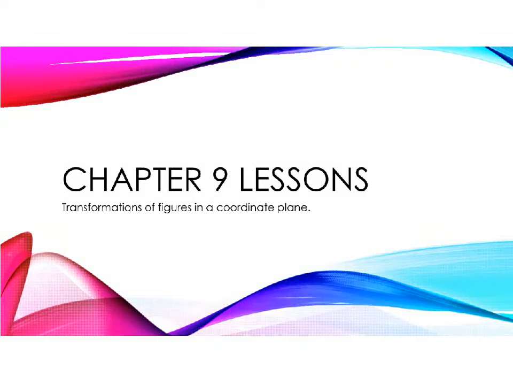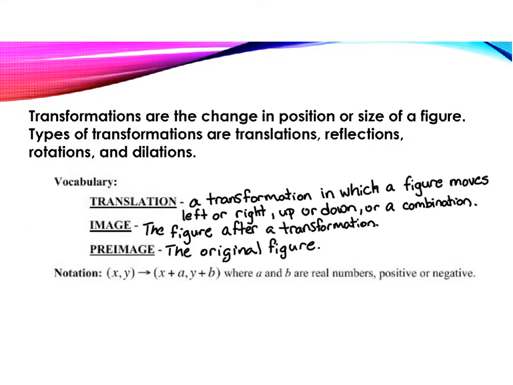Hey geometry class, we're going to be going over chapter 9, all the lessons in it, because we can put them together in a pretty condensed form and not worry about some of the things that are actually in chapter 9. It's not going to be too long. So what this chapter is over are transformations. Here's the definition of transformations.